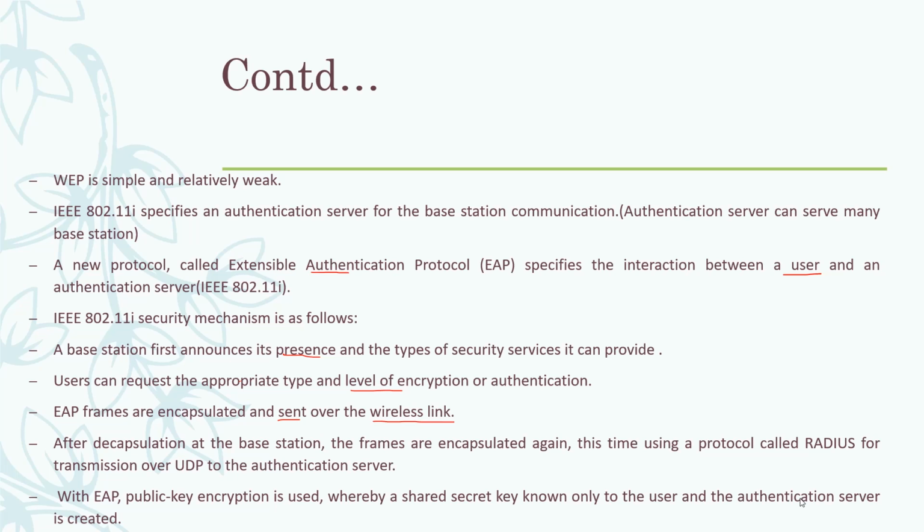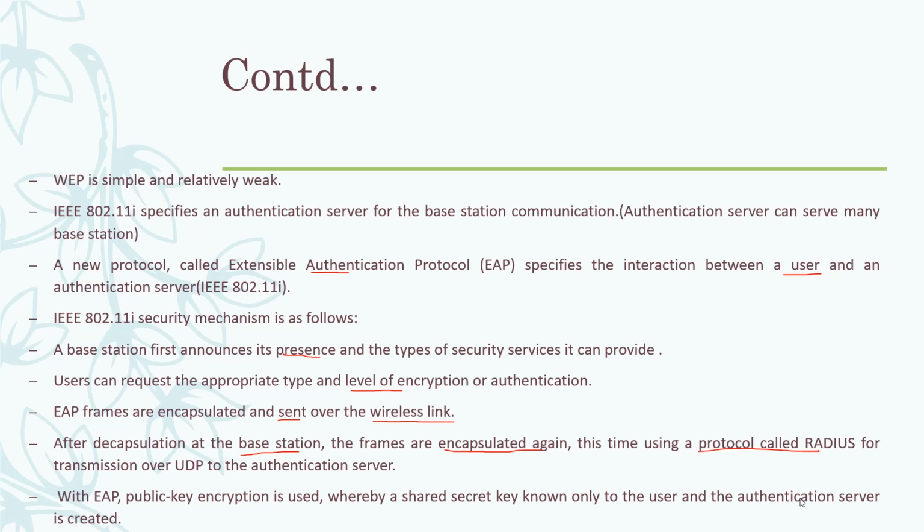So it goes to the base station. After decapsulation at the base station, the frames are encapsulated again, because it has to know to which particular authentication server it has to be sent. So it decapsulates and then encapsulates so that it can forward it to the authentication server. Now it uses a protocol called RADIUS for the transmission.